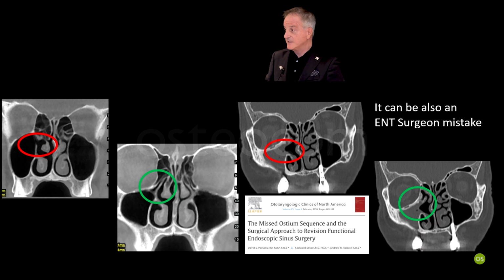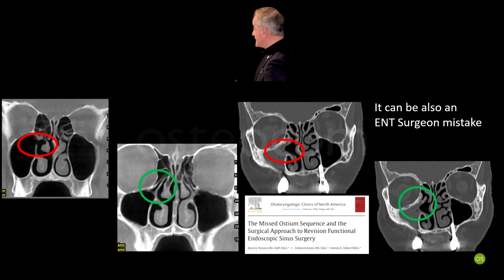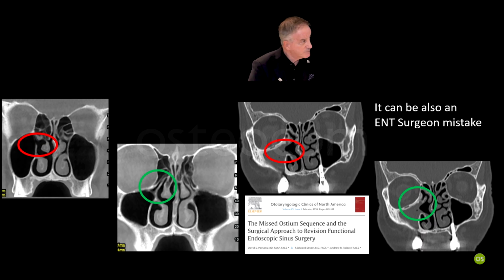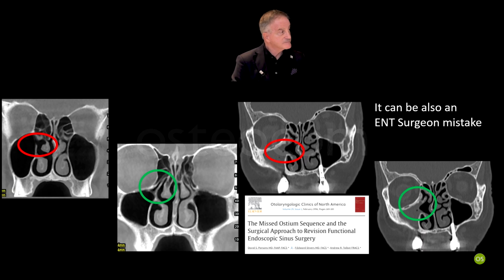So it's even in the literature, the missed ostium sequence, because even the ENT can have difficulty with what's inside the nose, and they can make a mistake, enlarging the wrong ostium.